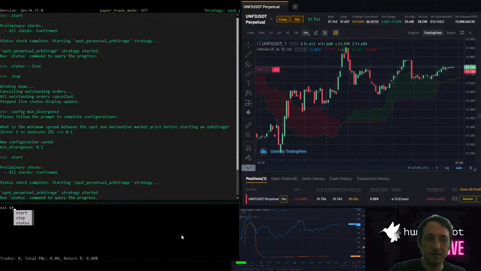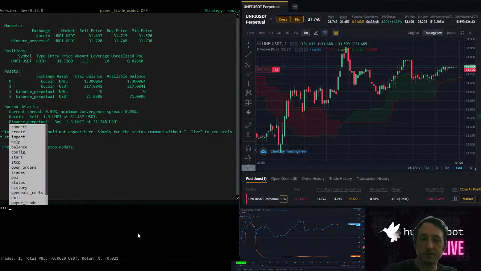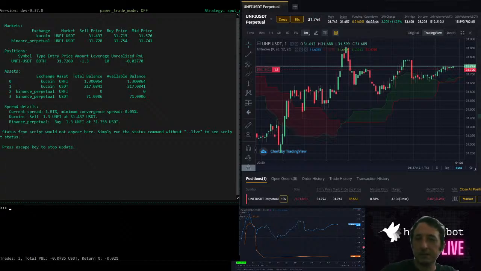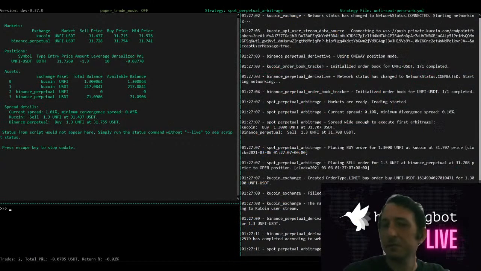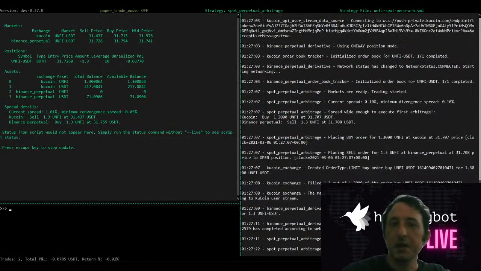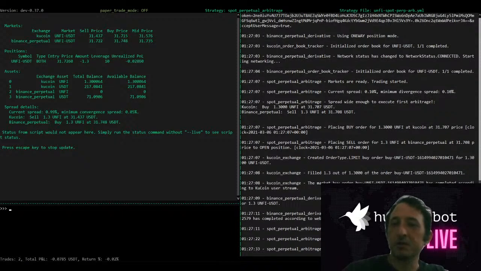As you can see, it already happened. So, as you can see here, let me get back to the screen. There we go. Since I put a really small divergence value, the moment I start the bot, a trade was executed.